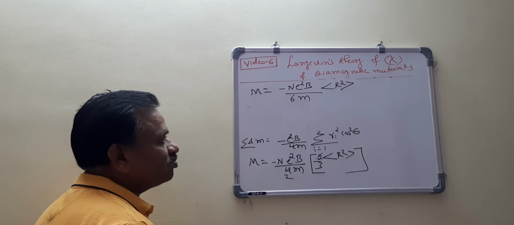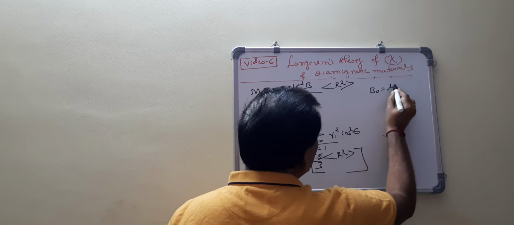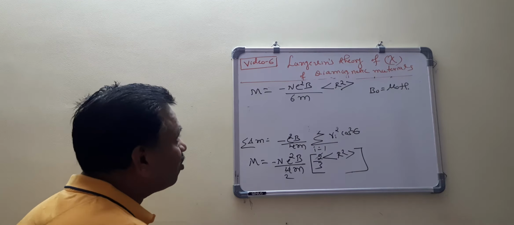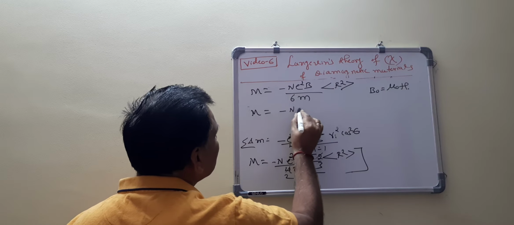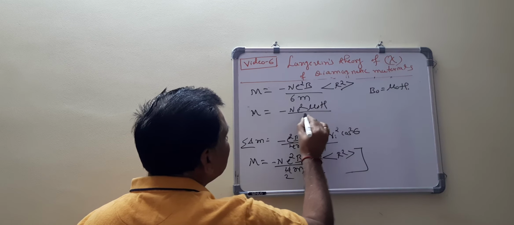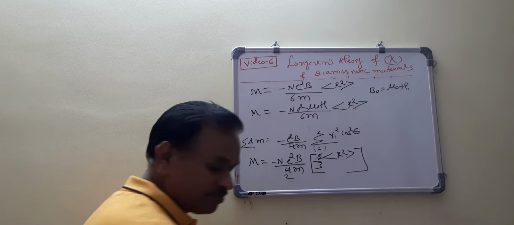But in the previous class we know that B equals mu naught into H. Now substituting, M equals minus N e square mu naught H divided by 6m of r square.